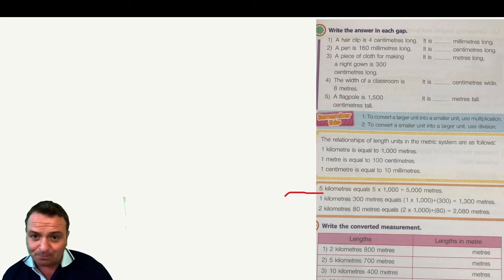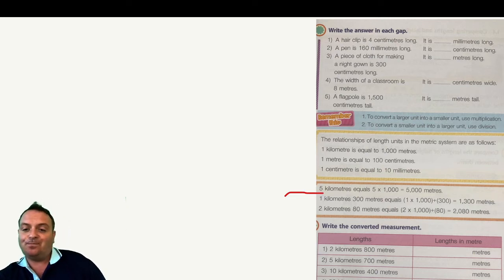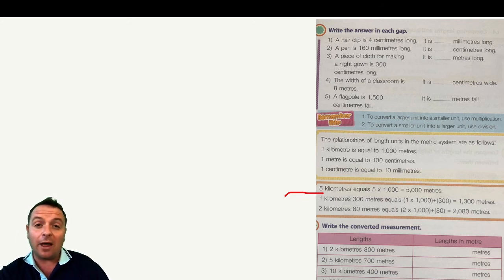So then, underneath there, we have this information. 5 kilometers equals how many meters? 5,000 meters. Because if 1 kilometer is 1,000 meters, 5 kilometers is 5 multiplied by 1,000 equals 5,000 meters. If you learn this part, it's not so difficult to understand. 1 kilometer, 300 meters equals 1,300 meters.